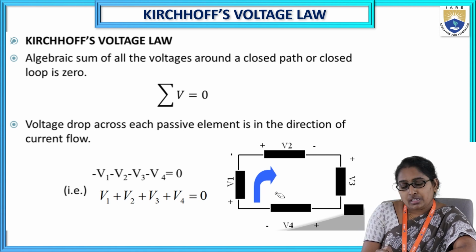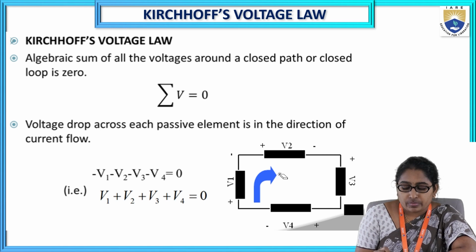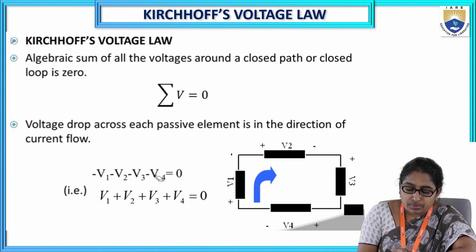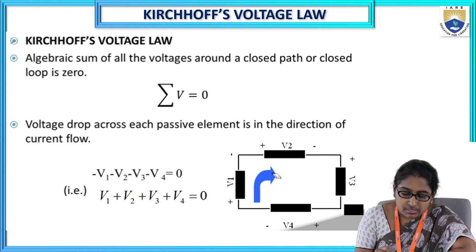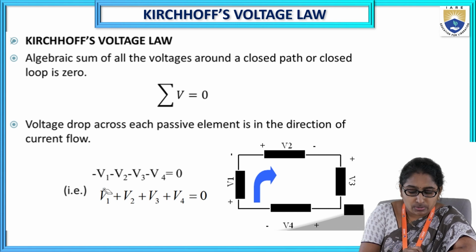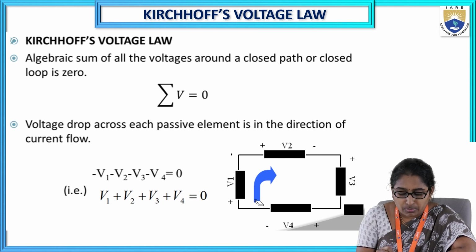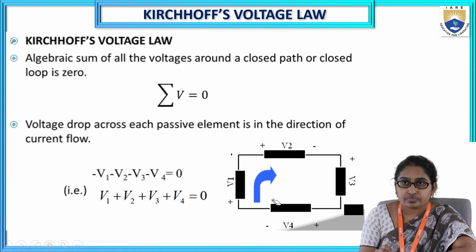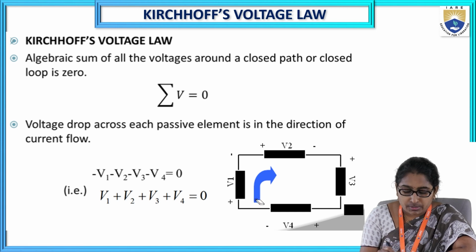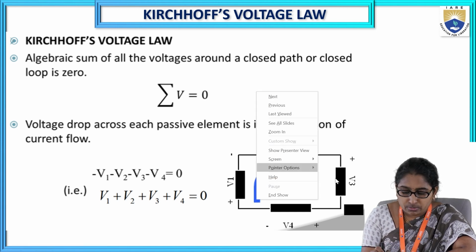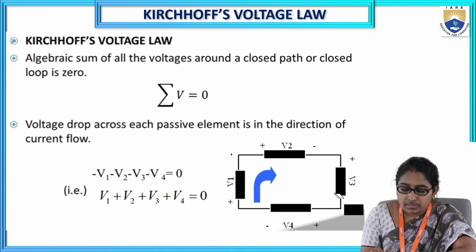Now applying the KVL in this loop, what does the expression become? We know that if the assumed current is in the direction of the voltage drops, then those drops are taken with negative sign. That's why it is written as, starting from here with this blue assumed current and coming back to where it started: minus V1, minus V2, minus V3, minus V4 equal to 0.